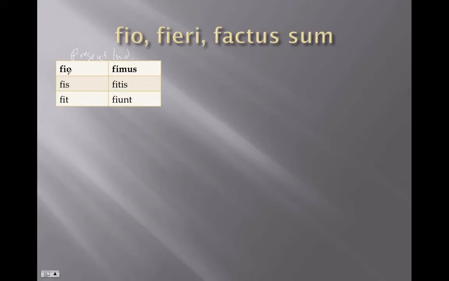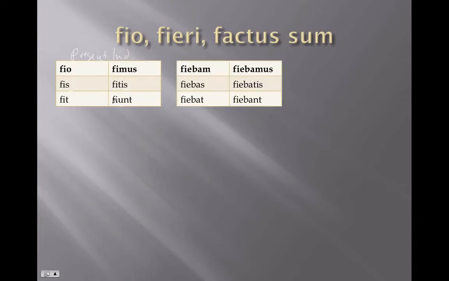You'll notice the endings are very regular, but it looks like it's just added on to almost like an I stem or a fourth conjugation verb whose stem is just F. So fio, fis, fit, fimus, fitis, fiunt. So we've got our regular endings, o, s, t, mus, tis, unt, and we will add the I there.